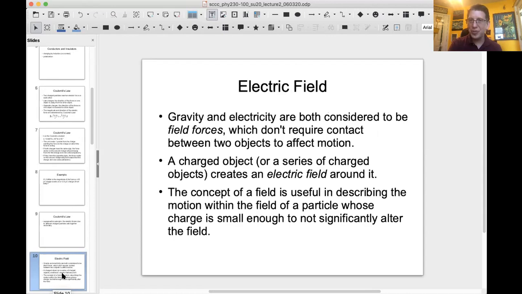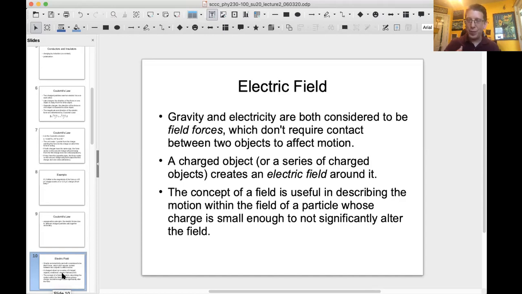Gravity and electricity have some similarities, but they also have some differences. They're both field forces, which means they don't require the objects to be in contact with each other in order for the force to be present. A contact force is when you're pushing on something, lifting something, or pulling on something.